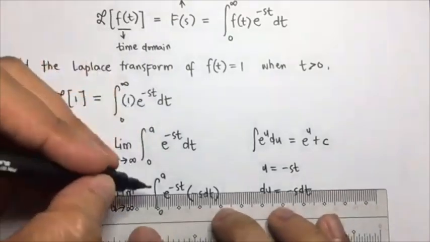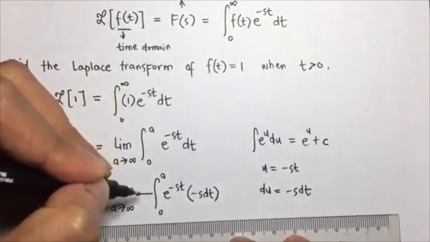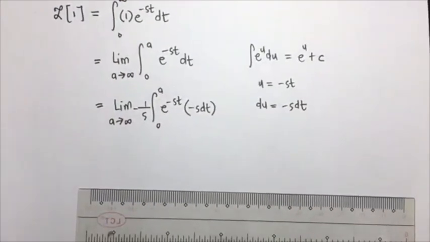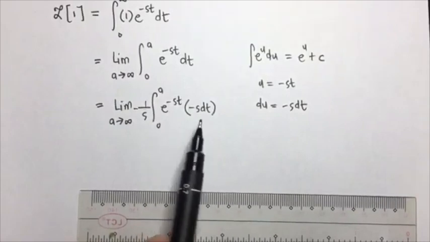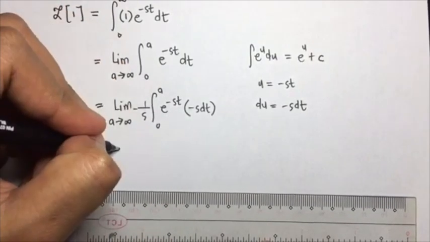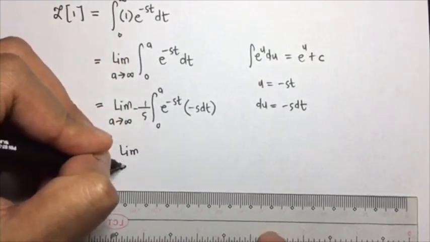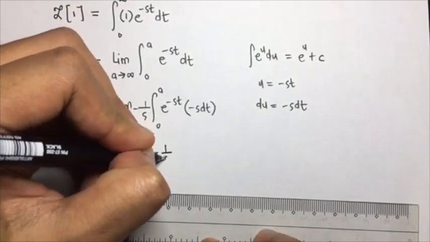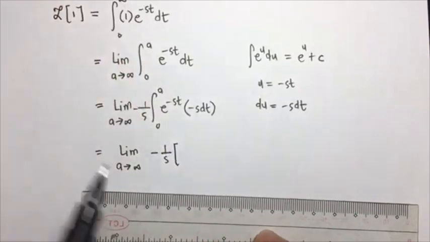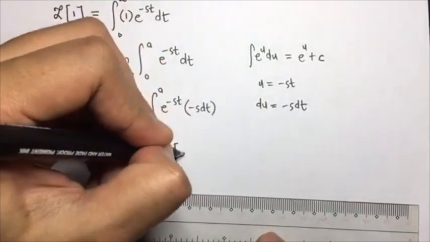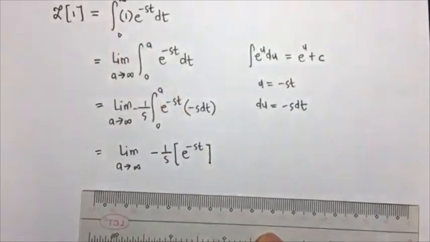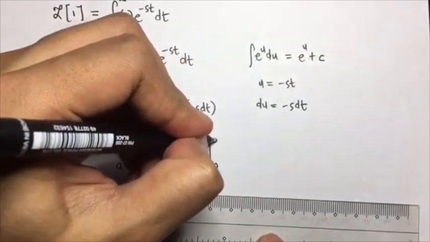So the reciprocal of negative s is negative 1 over s. We can now integrate this. It becomes the limit as a approaches infinity of negative 1 over s, times e raised to negative st, with limits from 0 to a.